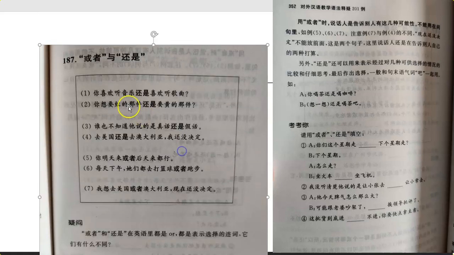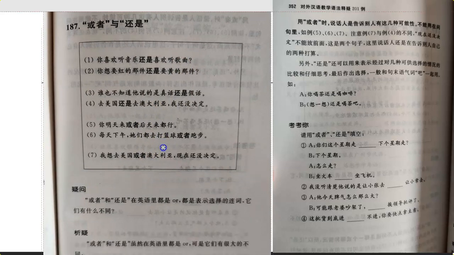For example, 你鍾意聽音樂定係鍾意聽歌啊? You listen to music or listen to songs. Yeah, that's a weird sentence. It's like you like yellow or red, that kind of sentence.